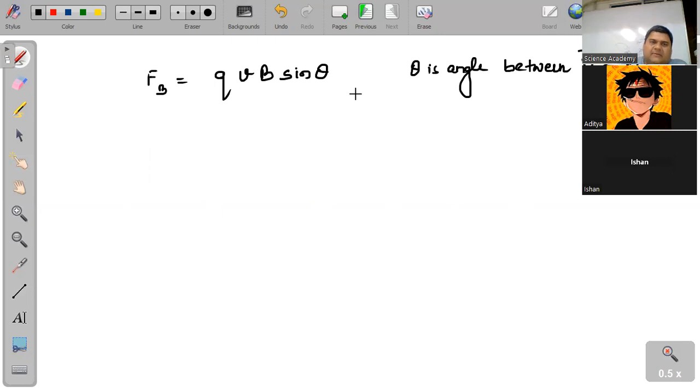Is this point making sense? There is one small thing next. This is the force which is experienced by the moving charge. Okay? And the moving charge is going to traverse a circular motion, right?